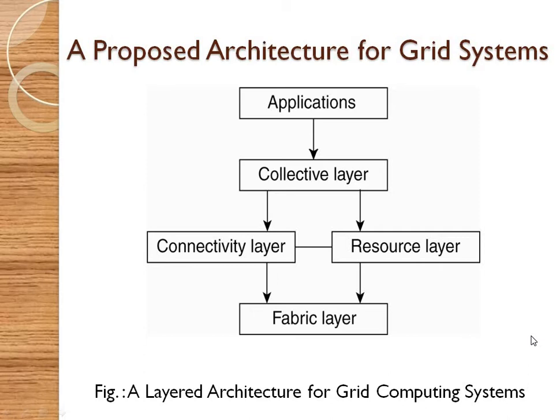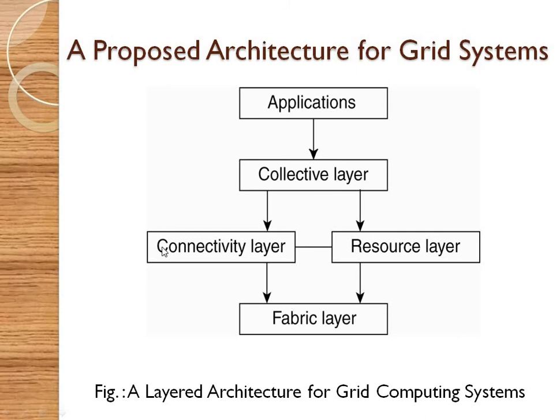The architecture consists of 4 layers. The lowest one is the fabric layer, which provides interfaces to local resources at a specific site. These interfaces are tailored to allow sharing of resources within a virtual organization. They will provide functions for querying the state and capabilities of a resource, along with functions for actual resource management, for example, locking a resource.